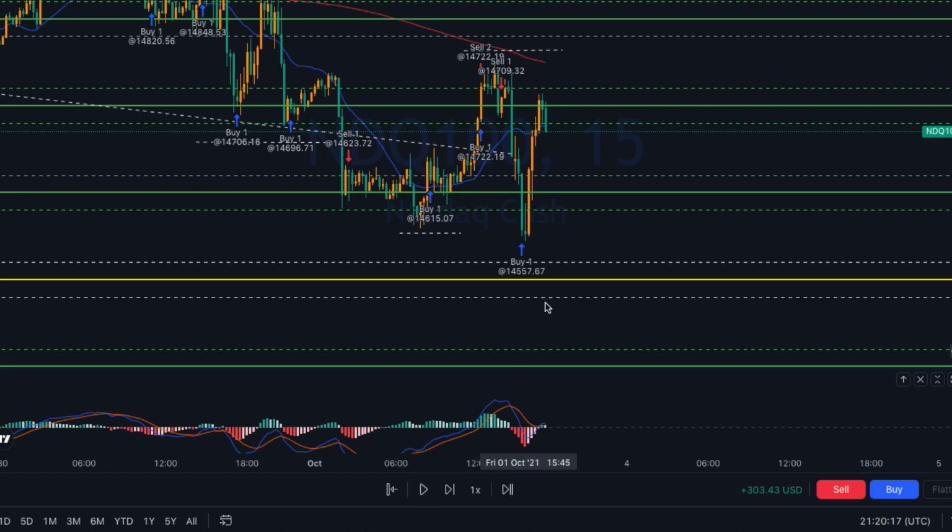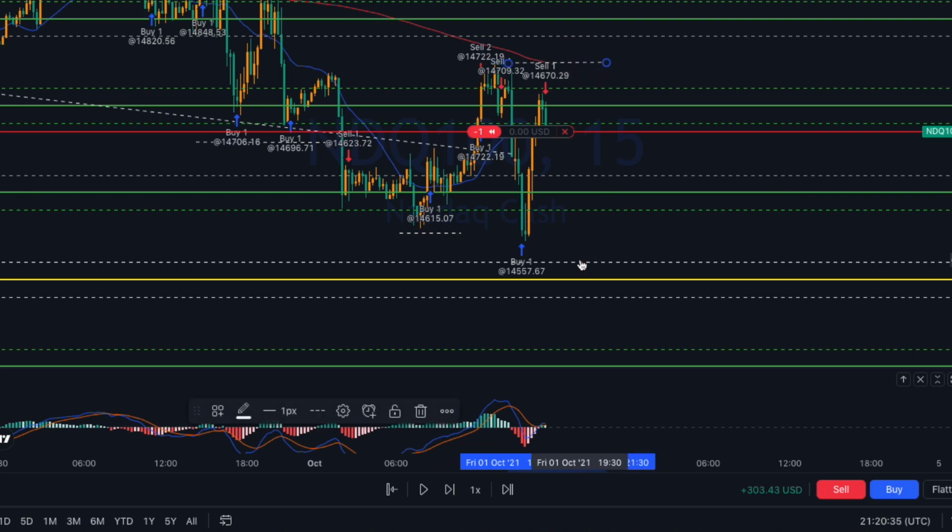Okay, so now at this current level where it is, it's gone into the zone again, right? So what I'm gonna do is I'm gonna hit the sell button. Boom. We're gonna hit the sell, and the stop is about here, right? So let's hit play, and let's see what we get.